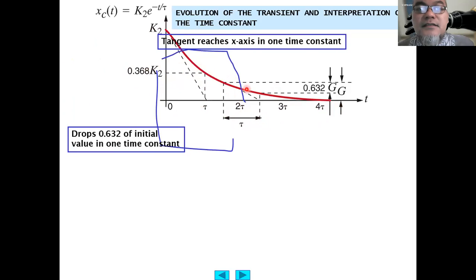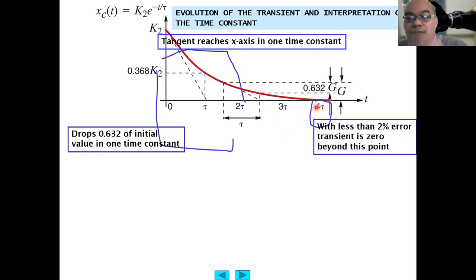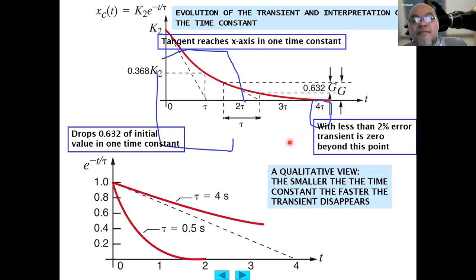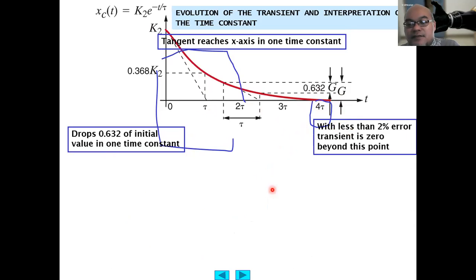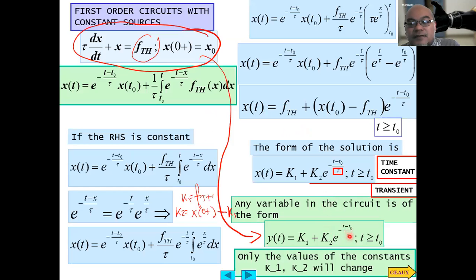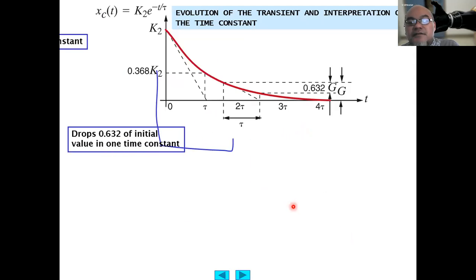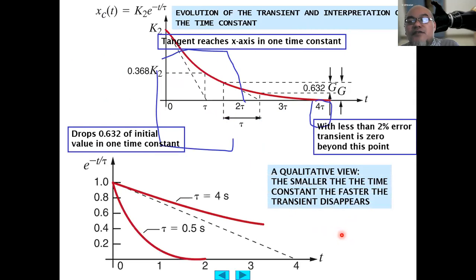The tangent reaches the x-axis in one time constant. Then with less than 2% error, the transient is 0 beyond this 4 tau value. When tau is smaller, it means it will reach the steady state condition faster.